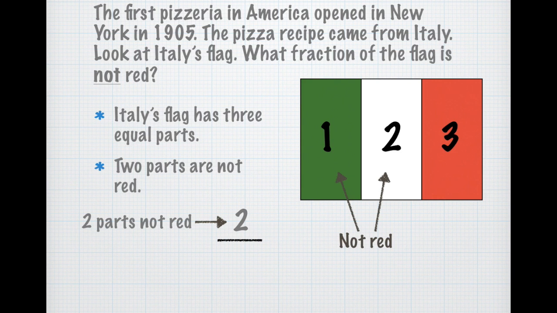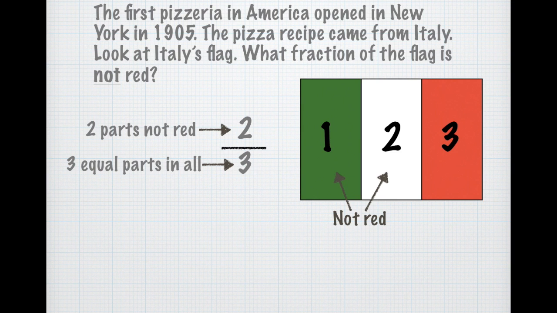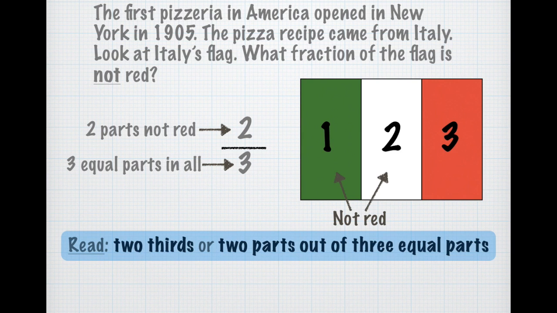That's my numerator. And my denominator is the total number of equal parts in the flag. And there's 3 equal parts. So my denominator is 3. If I'm reading this in words, I would say 2/3 or 2 parts out of 3 equal parts.